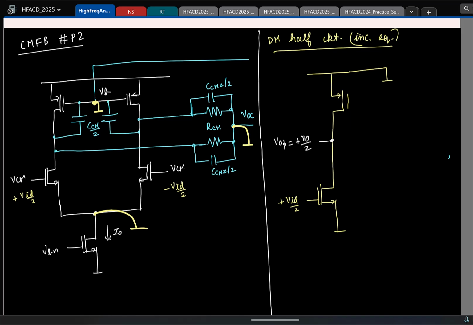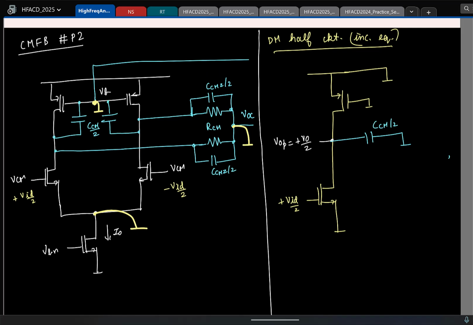Now let us see what portions of your common mode feedback loop are present here. So what can you say about this capacitor CCM by 2? It is connected from the output to small signal ground. So it is going to come here, and the gate voltage of the PMOS transistor is small signal ground, right? So that also I'll go on short here, right? And then you have these two fellows.